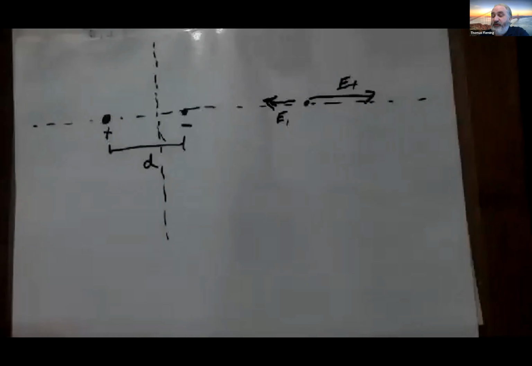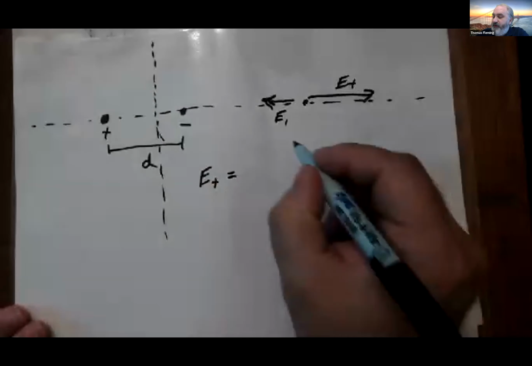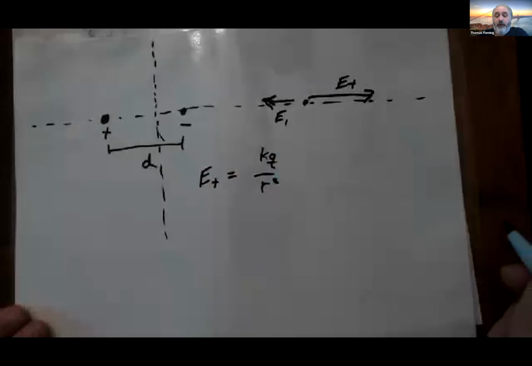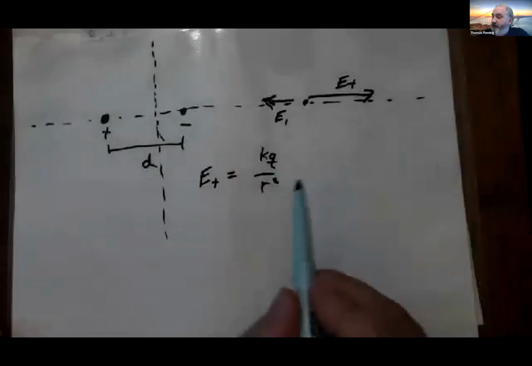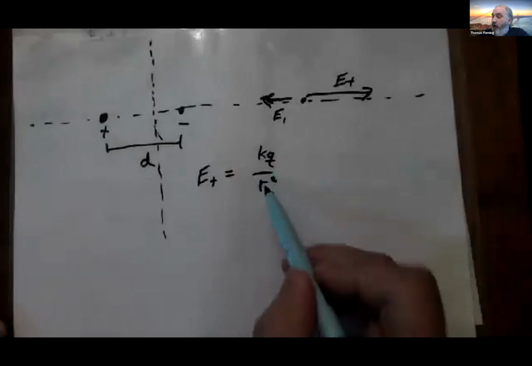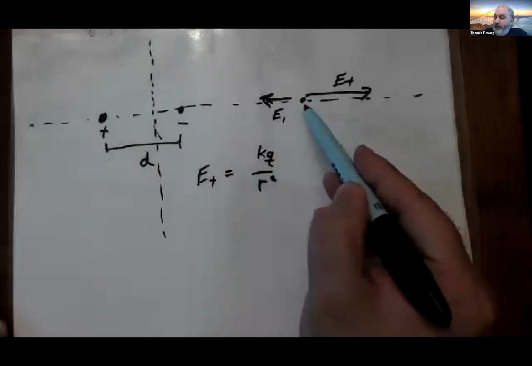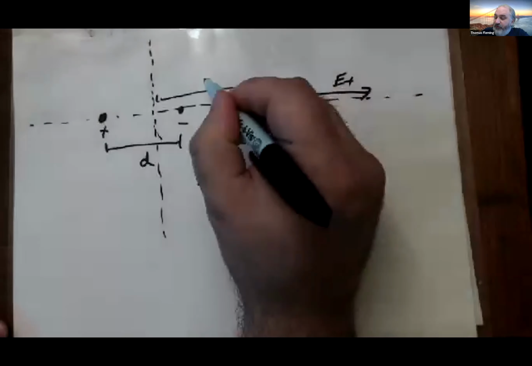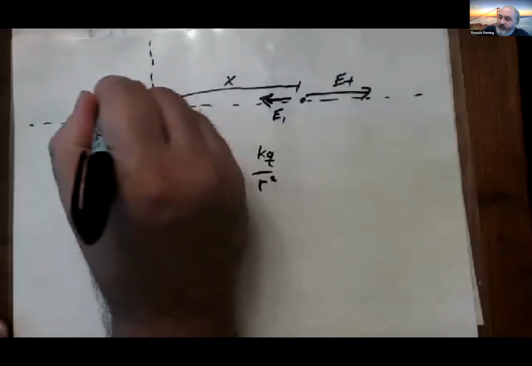Now, if I wanted to find an expression for that, what I would do is E plus would be kQ over r squared. And of course, both of their charges are the same number. That's cool. But the r's are going to be different. r is the distance from the charge to where I'm observing. And if this distance right here from the center is x and this distance is d, this is half of d.